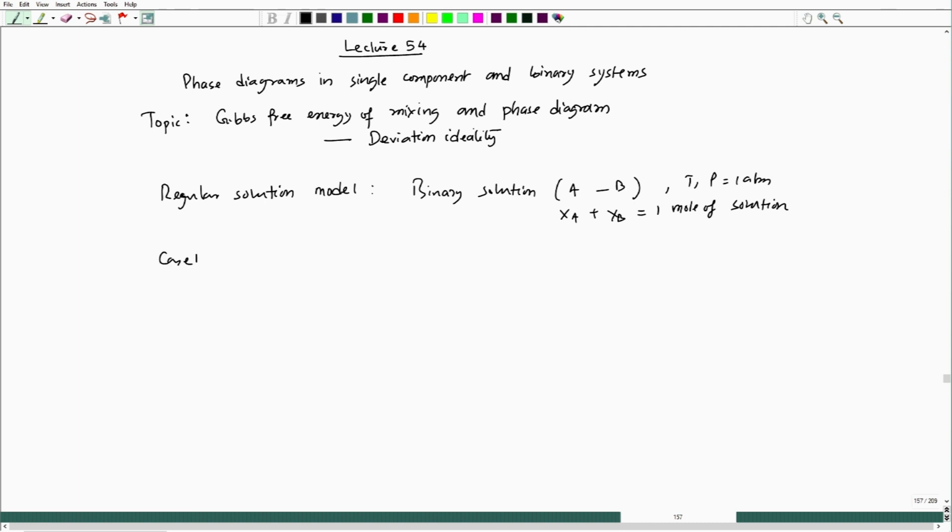Case 1, which is omega equal to 0, delta H mix equal to 0. Case 2, omega is less than 0 and delta H mix is less than 0.